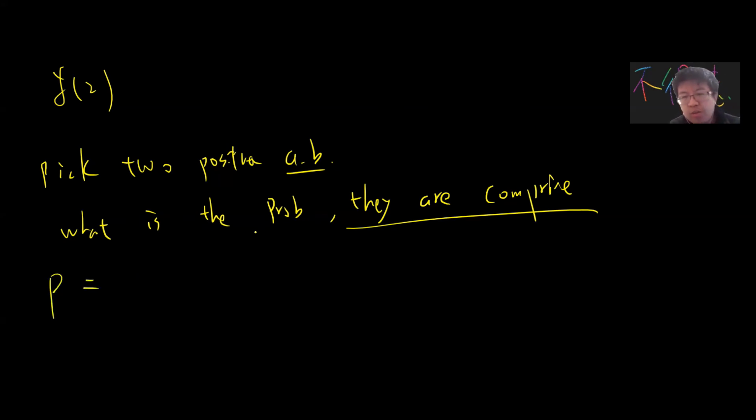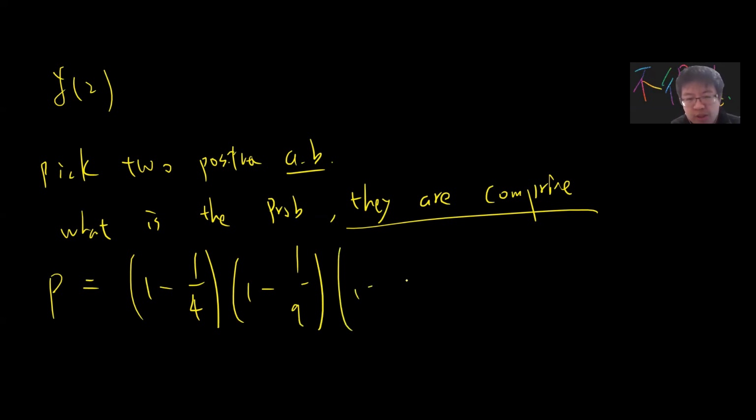The probability is very easy. If they are coprime, that means 2 cannot divide both, right? The probability that the first one is a multiple of 2 is a half, and the same for the second. So 1 minus 1 over 4 means that at least one of them is not divisible by 2, and at least one of them is not divisible by 3, and by 5, and by 7, right?